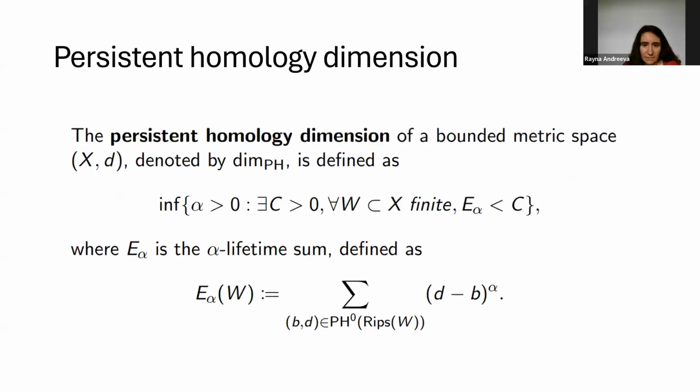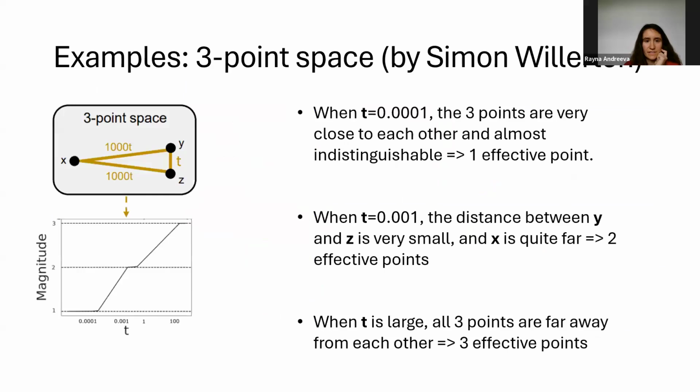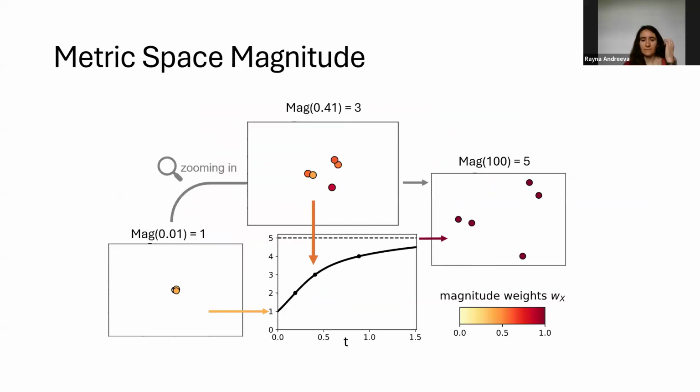One thing I didn't mention about magnitude itself is that the limit of magnitude as t goes to infinity recovers the cardinality of the set. Does this answer your question?